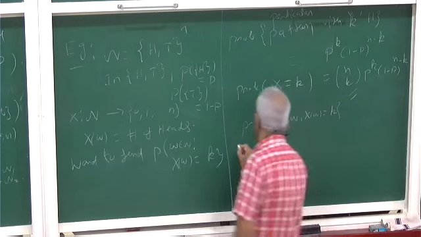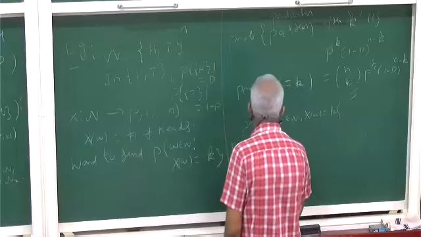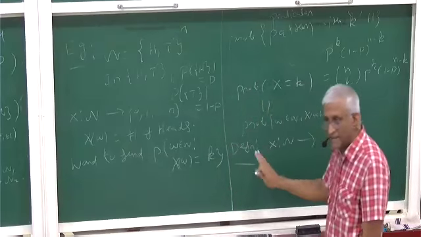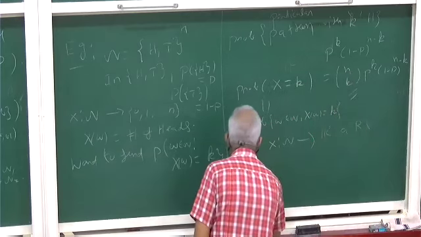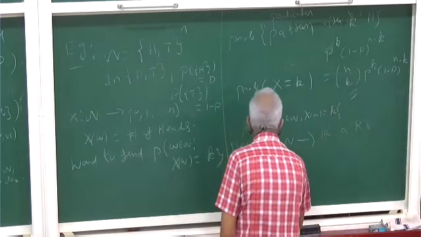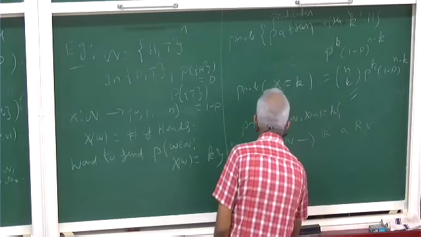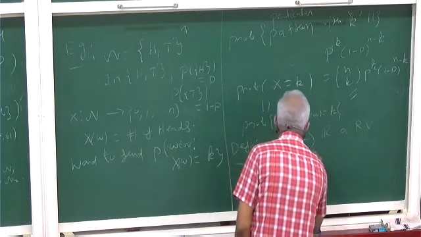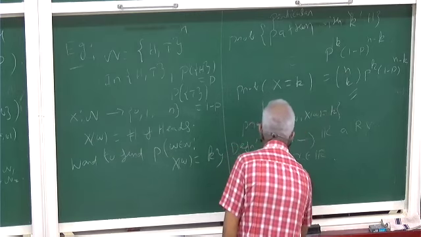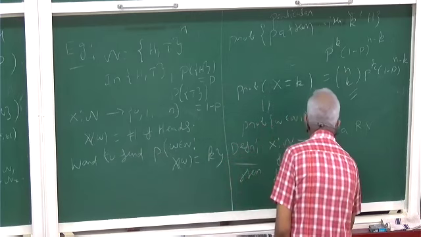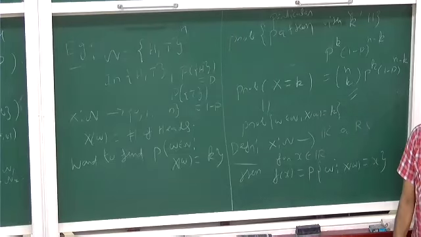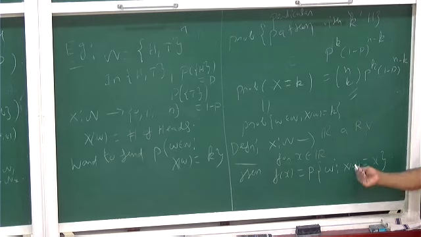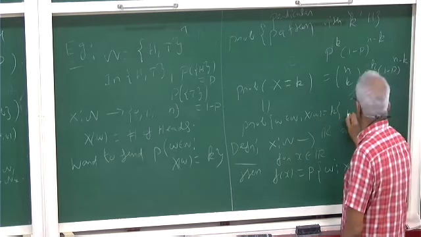Okay, so the definition. When we have a probability space and a random variable X, with f of x equal to the probability of omega such that X of omega equals x, for x in R. I mean, it's a discrete random variable, let's say.